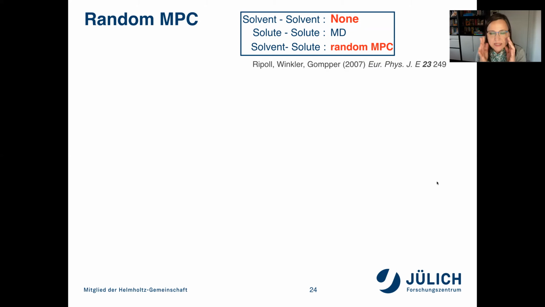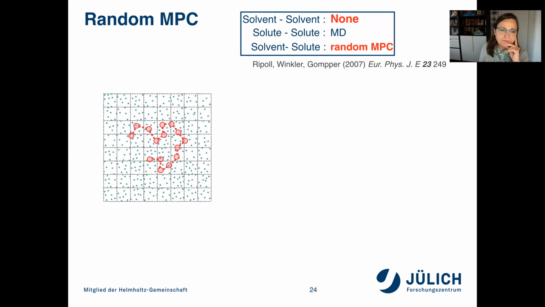this MPC coupling allows us to compare very nicely with this method, which is called random MPC, because here the idea is that the polymer is seeing the effect of the solvent only through the velocity, only with the particles that are in the same collision box. So it's not really aware of what happens and how the information is transferred over the rest of the solvent.